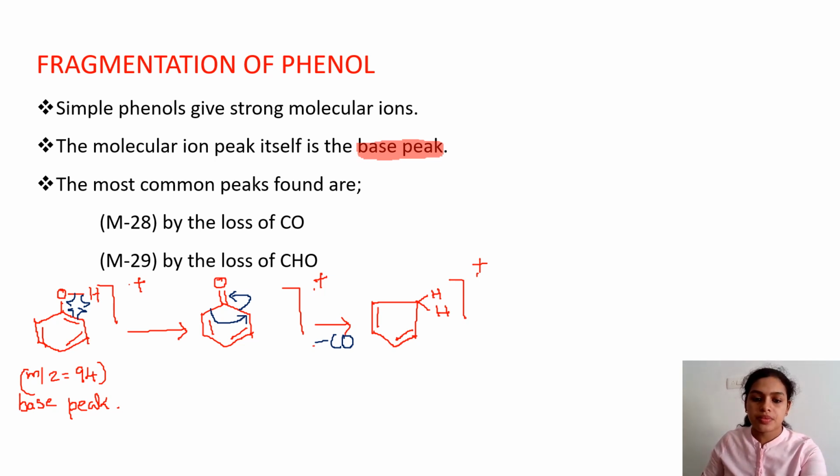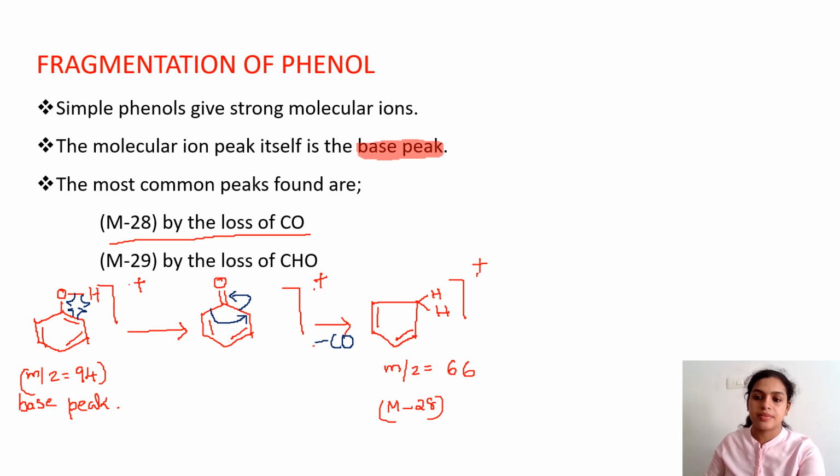So this fragment has an m/z value of 66, and this is the M-28 peak mentioned over here. This is the M-28 peak by the loss of carbon monoxide. Okay, hope it is clear.